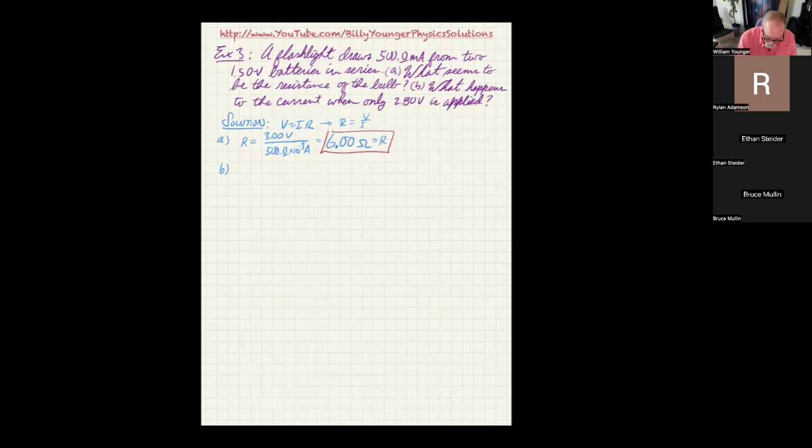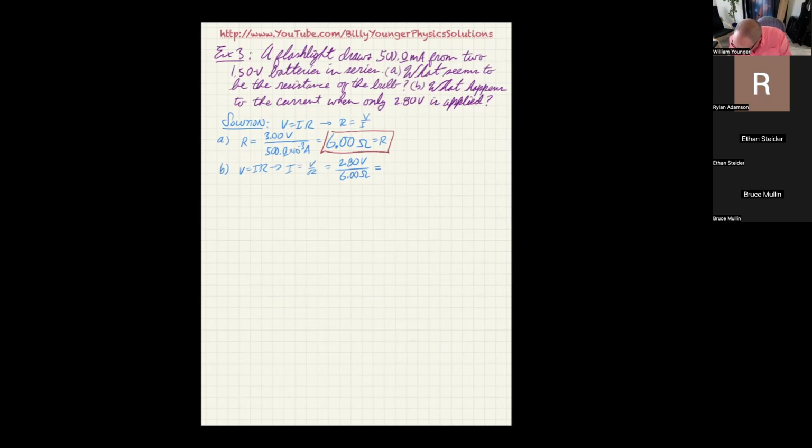So V equals IR implies I is equal to V over R. I'm going to say 2.80 volts is the voltage, and I'm going to pretend that the resistance of the light bulb is 6 ohms.